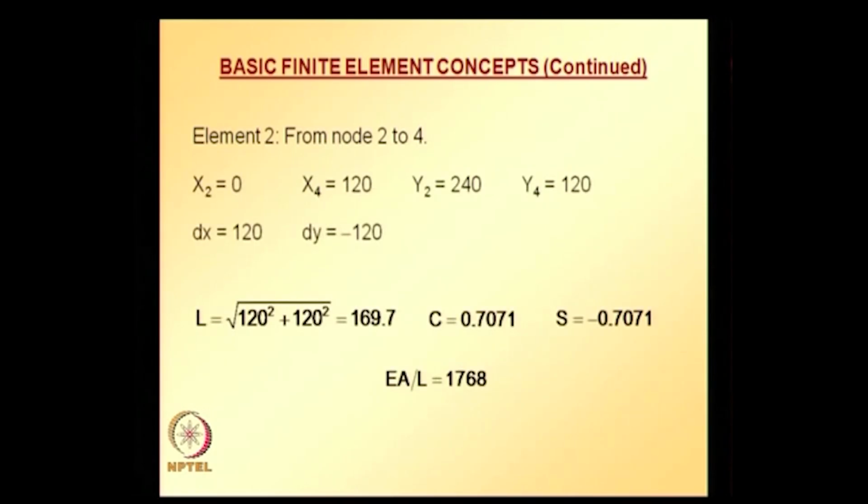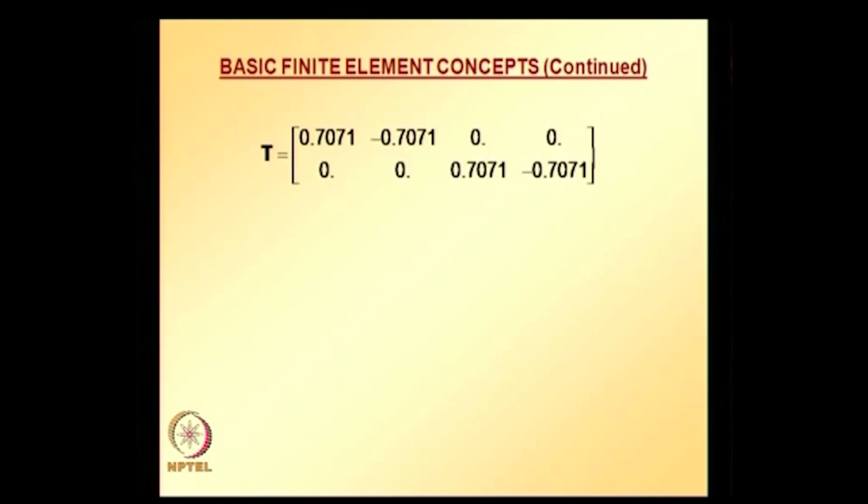Noting down the coordinates of the nodes, we can calculate dx, dy and length of this member, and then cos alpha and sin alpha, and also EA over L. Once we have all these quantities, we can calculate the transformation matrix, the local stiffness matrix and the global stiffness matrix.